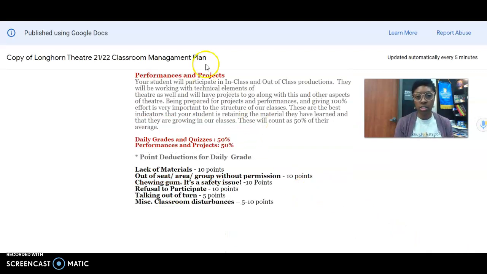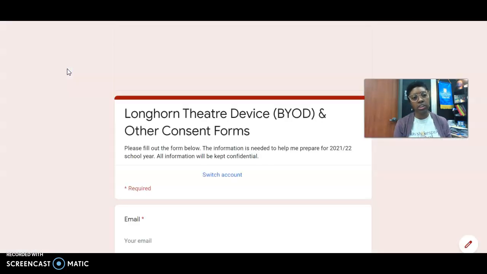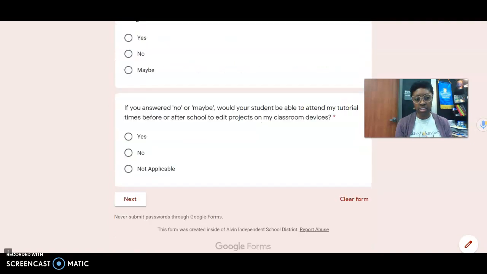After reading this, you can go right back to that cafe, and you'll be able to look at the heart hands, which is this poster here, the consent form. When you click on that, that's going to take you to the consent forms. There are several pages. When you get to the very bottom, it'll say next, and that'll be a next form.